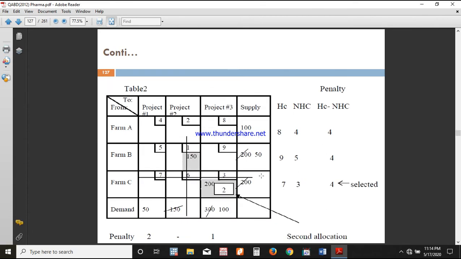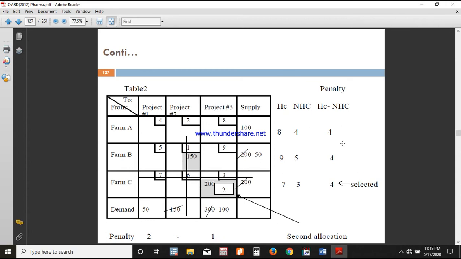In the second step also, you can find the highest cost and the next highest cost with their penalty values. The second column is already fully exhausted. Now our selection will be in the first and the third column.